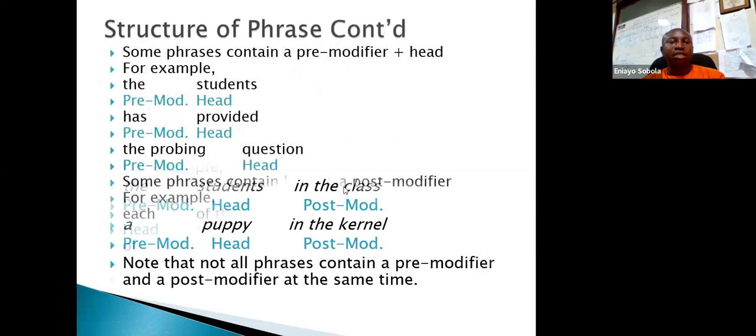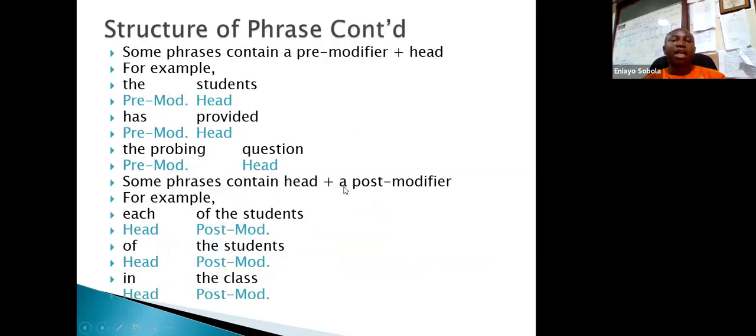And we mentioned that it's not compulsory that all the elements must occur in the structure of a phrase. We may have some that contain pre-modifier and head word. For example, the students. The is pre-modifier, while students is the head word. Has provided: has is its pre-modifier, while provided is the head word.